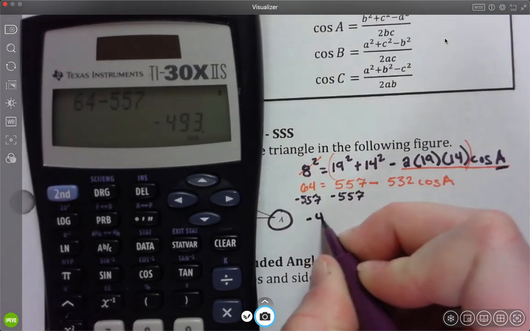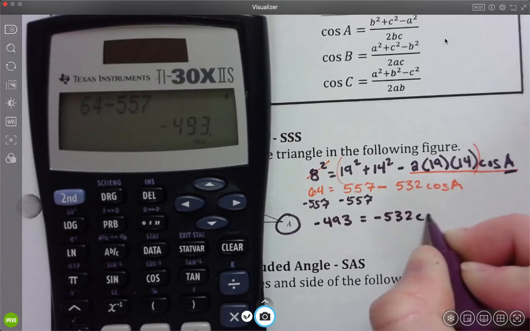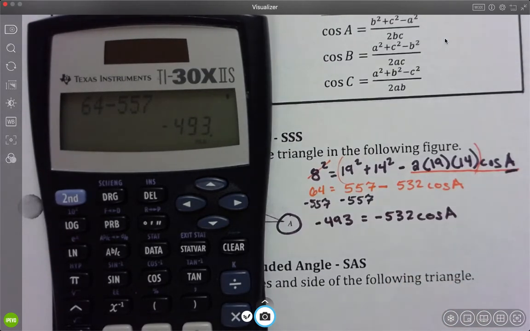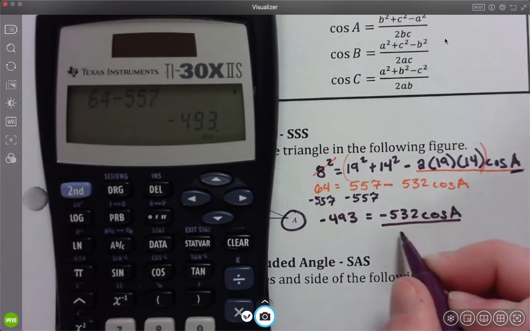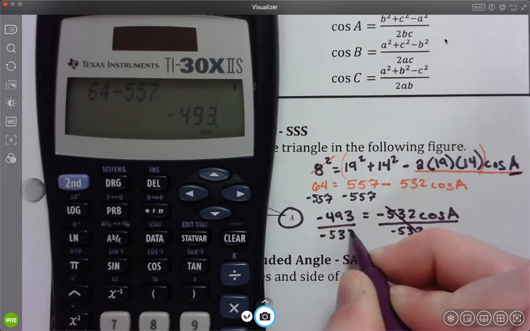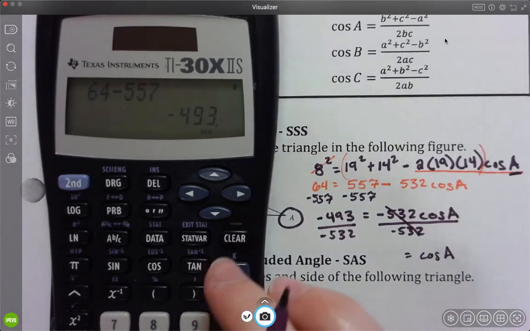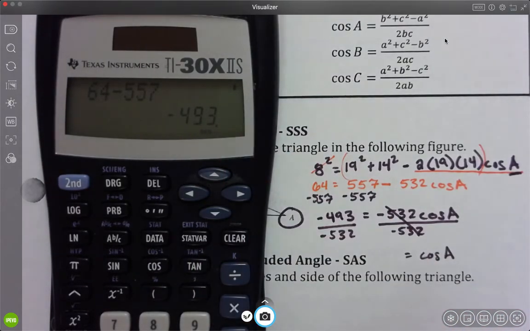Negative 493 equals negative 532 cosine of A. And then I'm going to divide by negative 532. Cosine of A will give me that number, negative 493 divided by negative 532.